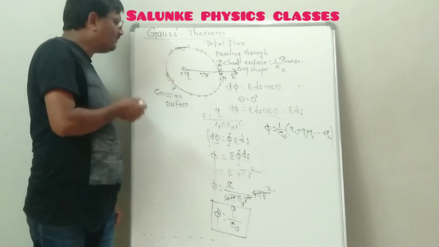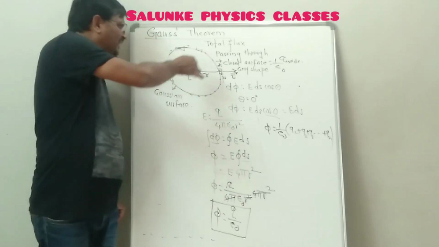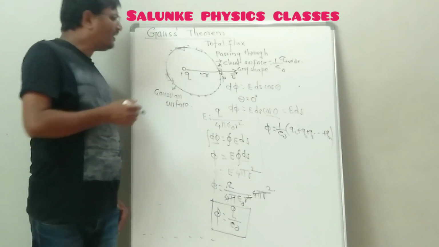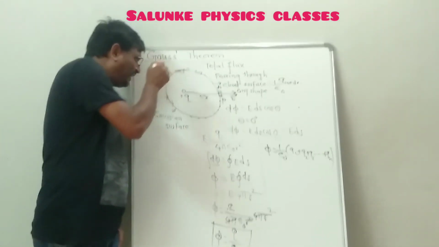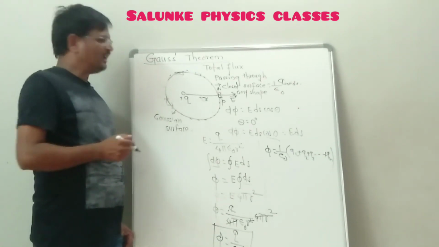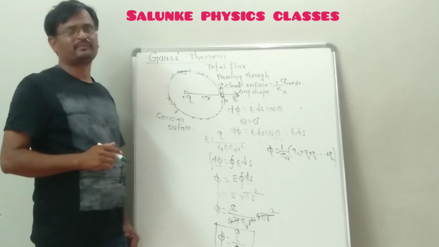For Gauss theorem, closed surface may be of any shape. For Gauss theorem, charges must be inside the closed surface. They may be localized at any point inside the closed surface.